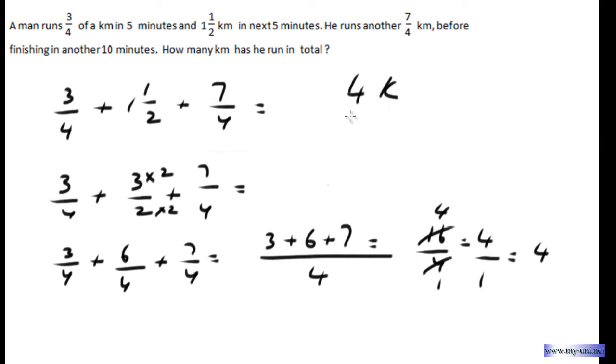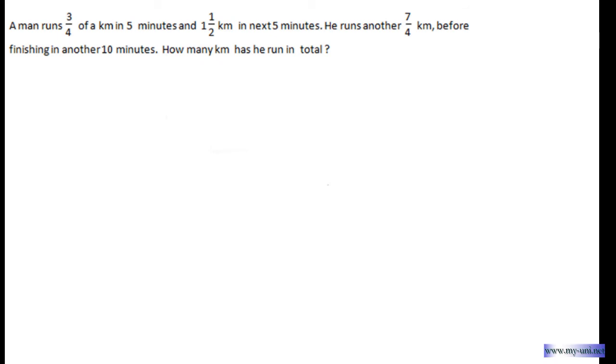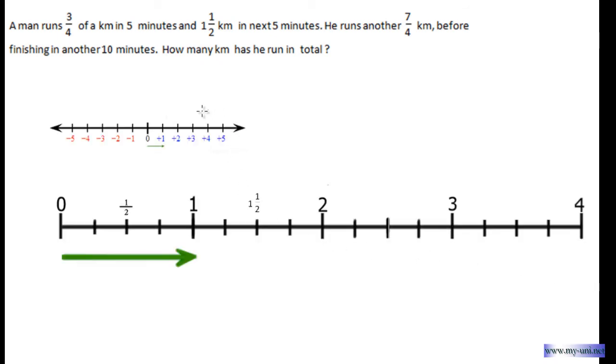And just to prove my answer, I have also used a number line. Say this is a number line that I copied from Wikimedia Commons, something like that. In our example, these numbers are representing kilometers.